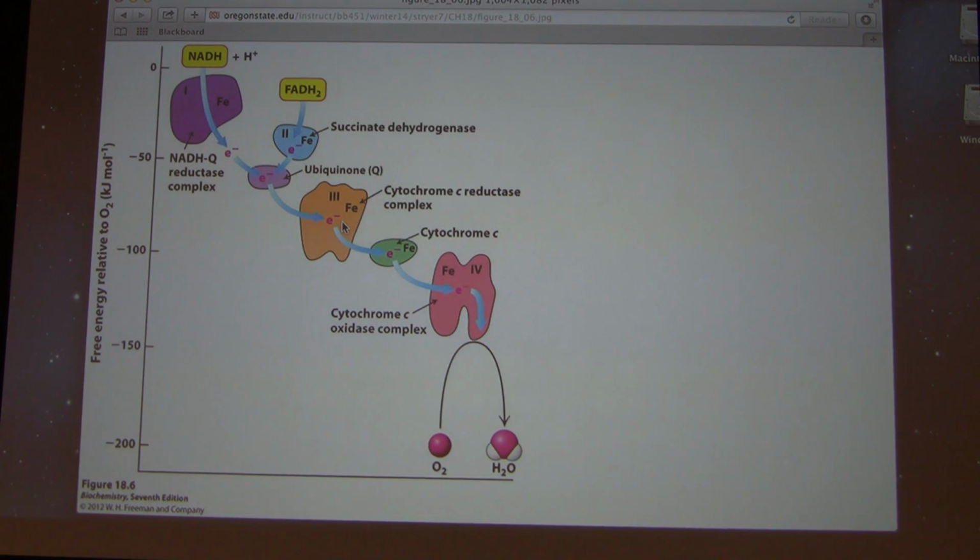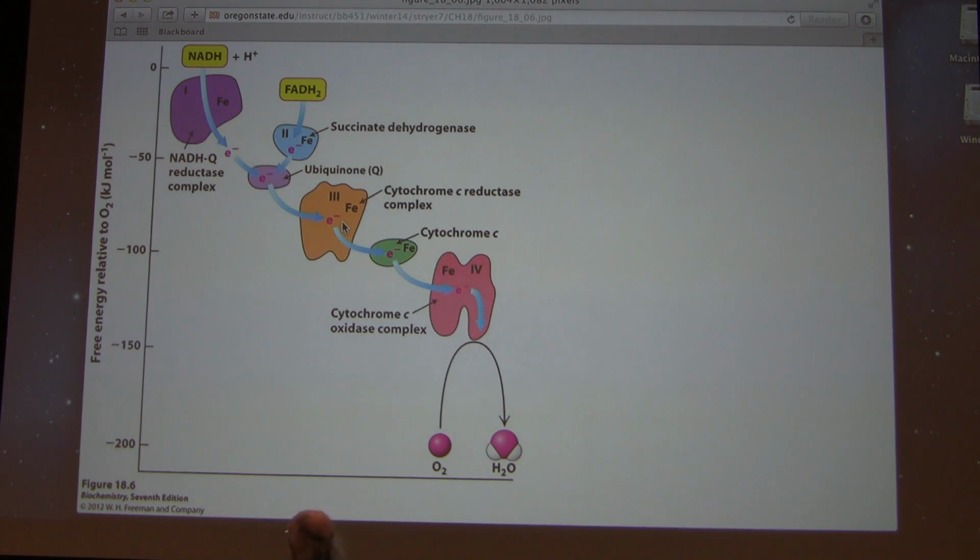All right? This figure shows complex 1, complex 3, and complex 4. And it shows the intermediaries, which are, in this case, Coenzyme Q and cytochrome C over here. Okay? And we also see that complex 2 electrons feed into the Coenzyme Q as well.